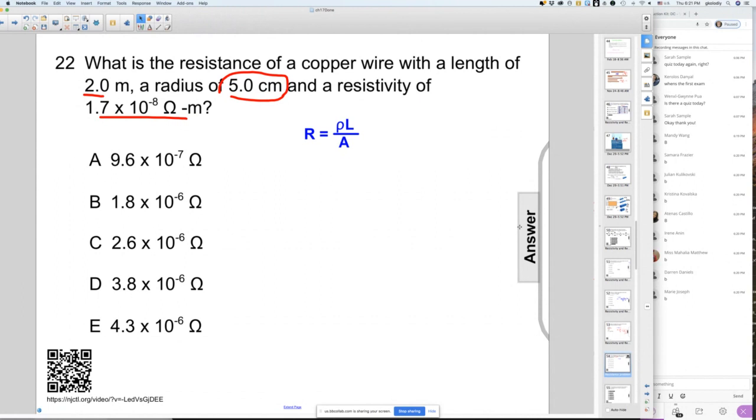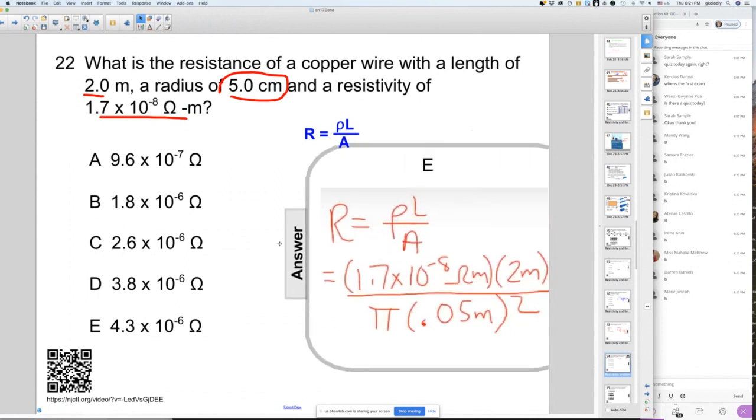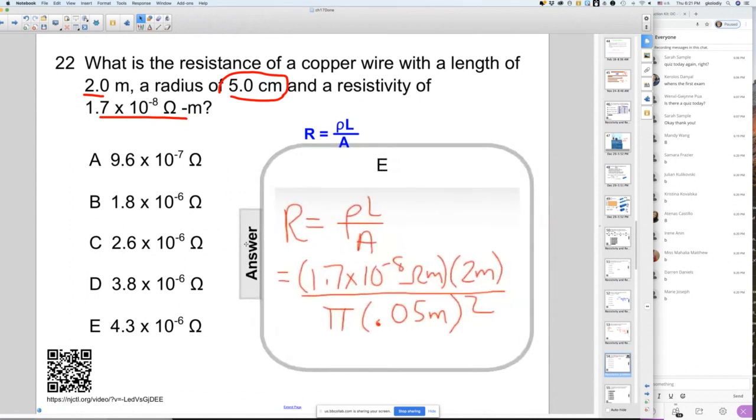So we're not going to spend time doing the math, but I'll just show you the calculations over here. So you notice the area here, pi r squared, okay? We have to change the r from 5 to 0.05 meters squared.